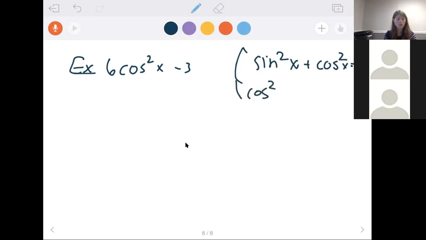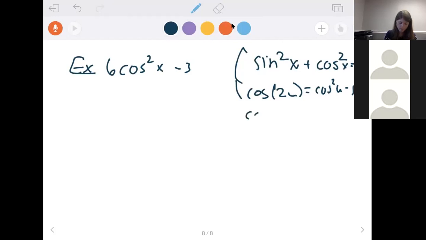So the core one, I can write it today. The core one that we want to know is the cosine squared u minus sine squared u. But then the other ones that we want to do, we can just kind of look back if we need to. Substitute those back in.